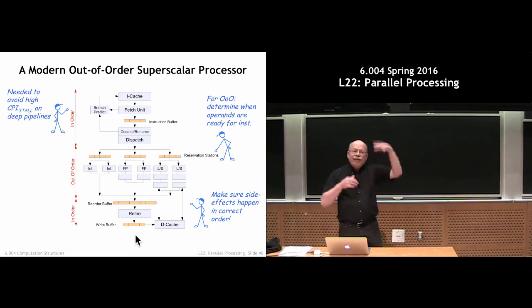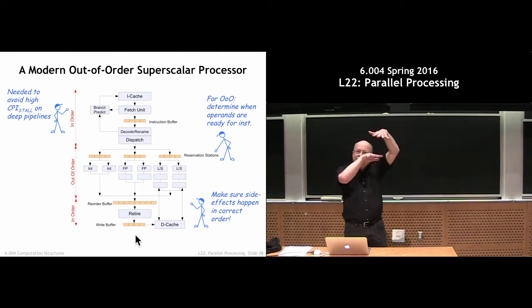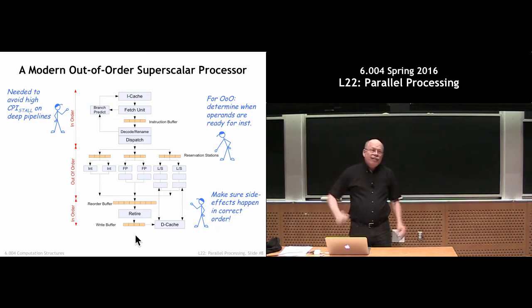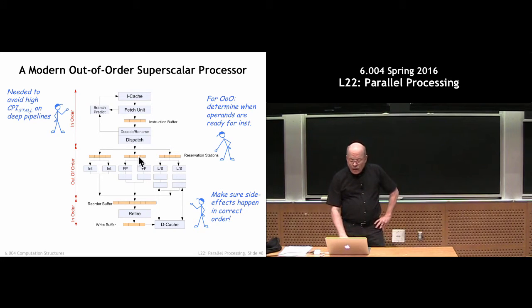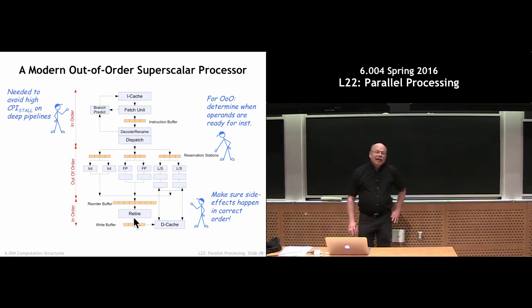In other words, if I have an instruction that writes into R3, and then 5 instructions later, I have another instruction that writes into R3, at the end of the day, the value in R3 after everybody has executed has to be the result of the second instruction, even if they got executed in some different order. So we're allowed to reorder the execution of instructions, as long as we're ready to put the side effects, the writing of the value back in the register file, back in order again. So there's a lot of hardware that goes into that.